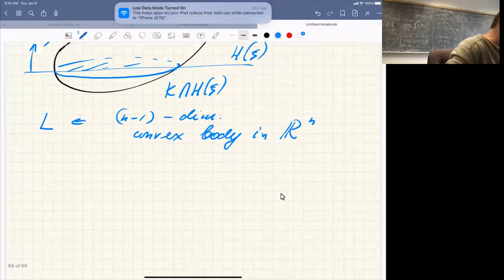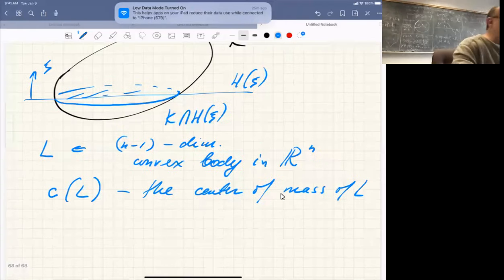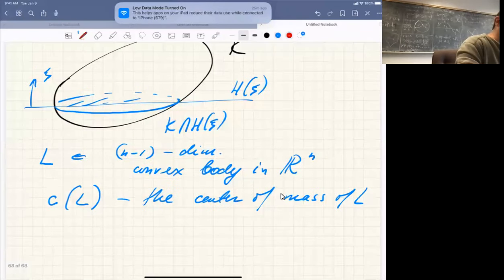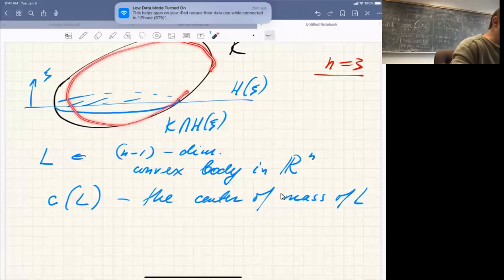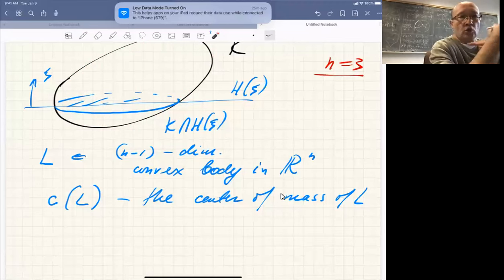So what are the moments of inertia? First of all, I need to introduce the center of mass of L. The center of mass of L. You know what? Maybe, again, for simplicity, please think that n is 3. If n is 3, then this guy is 3-dimensional, this guy is 2-dimensional. So I want to define the moments of inertia of the 2-dimensional guy in R^3.